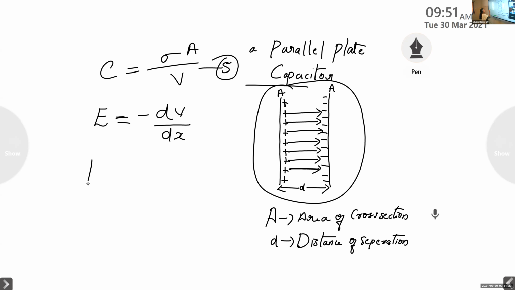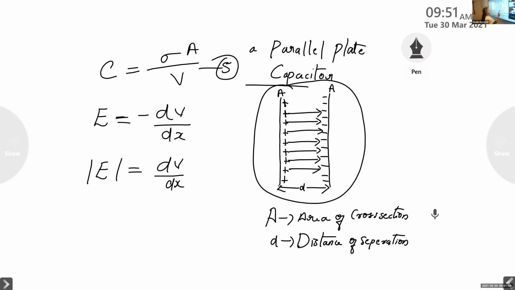Or the magnitude of E is given by the modulus of E is equal to positive dV by dx.